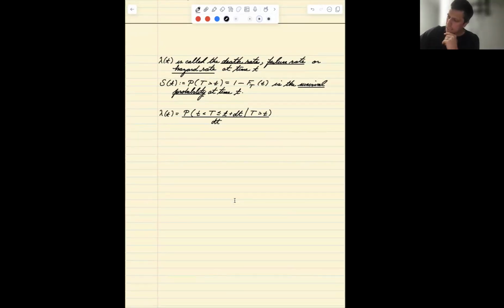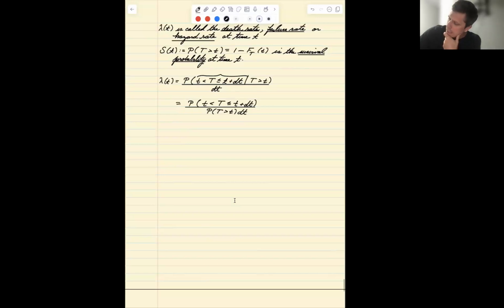The probability of dying in this instant, given that you're already above t, is the probability of both conditions divided by the probability of the condition, but one condition subsumes the other, so we're left with this divided by dt. The probability of dying in this next instant, in terms of the density, is f of t dt.